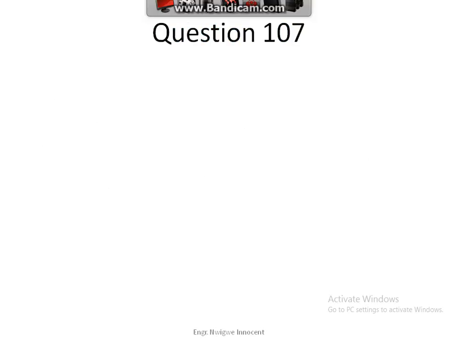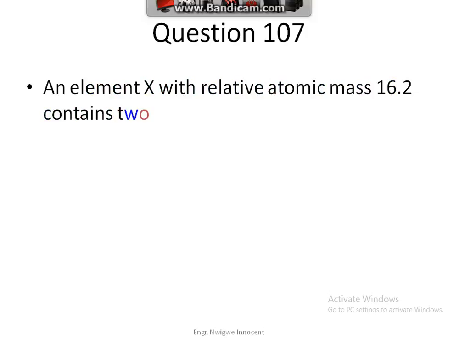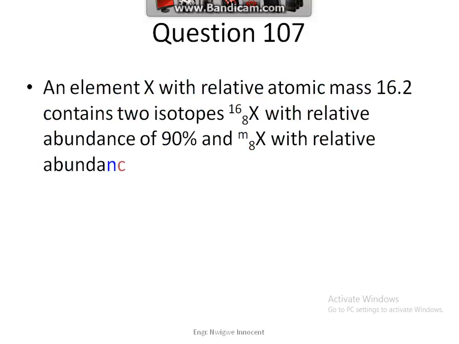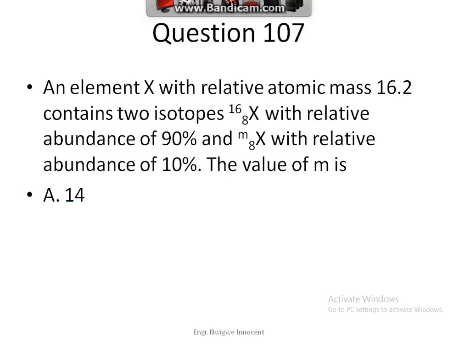Question 107. An element S with relative atomic mass 16.2 contains two isotopes: S of atomic number 8, relative atomic mass 16, with relative abundance of 90%, and S of atomic number 8 and relative atomic mass M with relative abundance of 10%. The value of M is A. 14, B. 12, C. 18, D. 16.